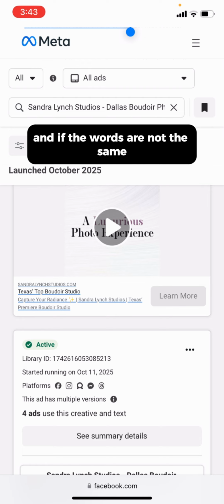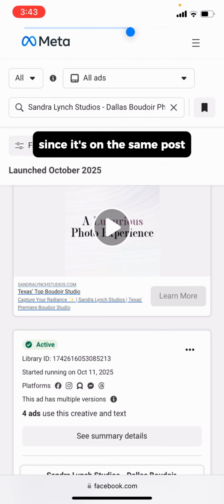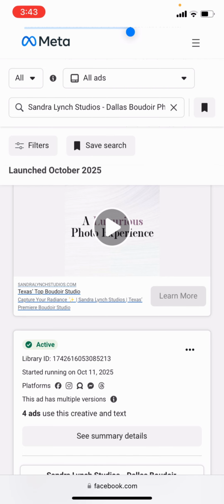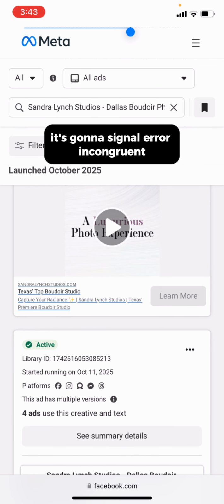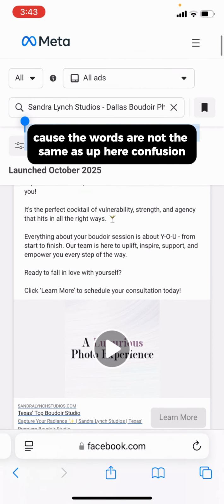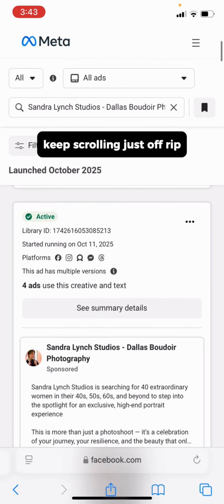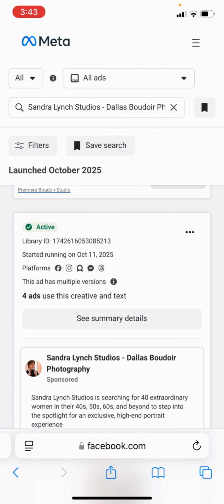And if the words are not the same, since it's on the same post, it's going to trigger the error detection network in their brain automatically. It's going to signal error, incongruent, because the words are not the same as up here. Confusion, keep scrolling, literally right off the bat.